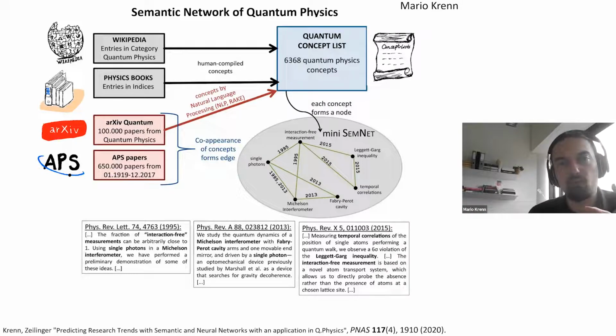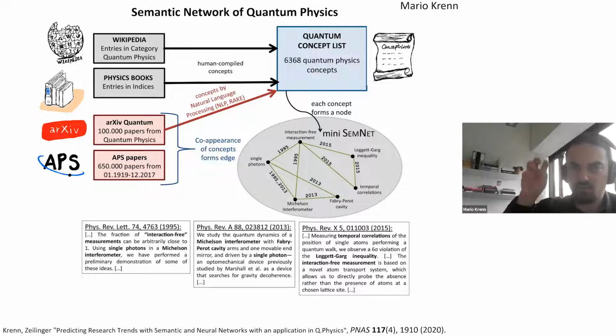So for that, what we need is, of course, a concept list and a large amount of scientific literature. For the concept list, I used Wikipedia and quantum physics books and natural language processing on arXiv papers, and got a list of roughly 6,000 concepts in quantum physics. So they are now the nodes of my network.